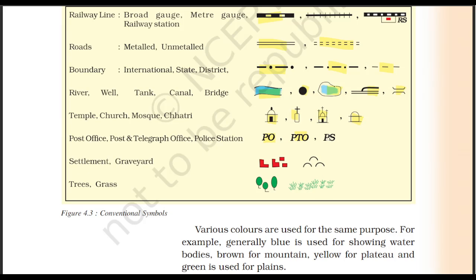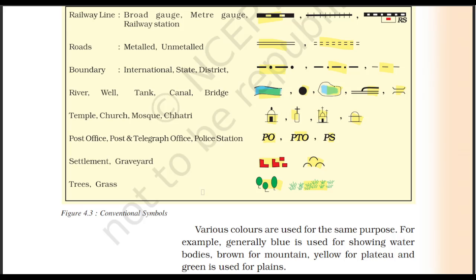Settlement is in red color with some dots, grey words in black, and green for grass. This is a tree and this is grass. These are all our symbols. Various colors are used for the same purpose.